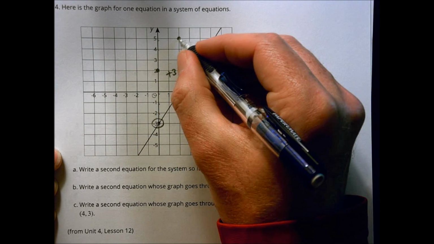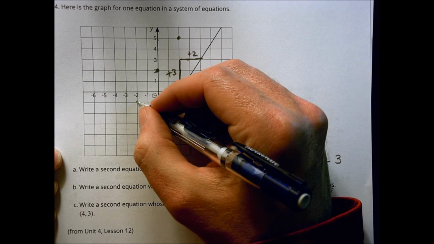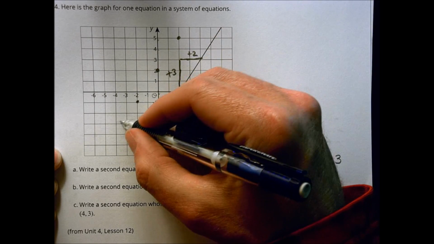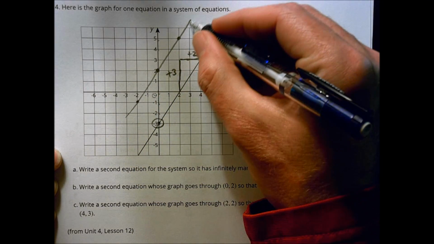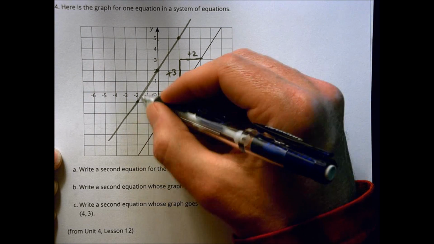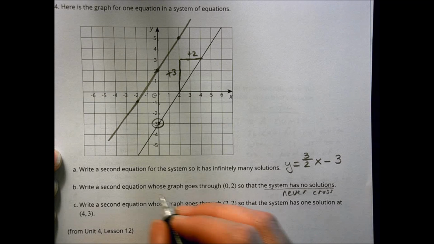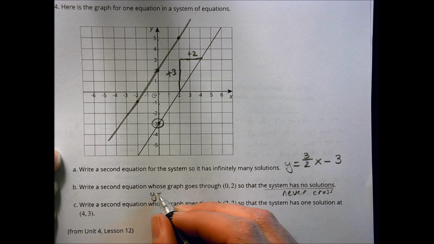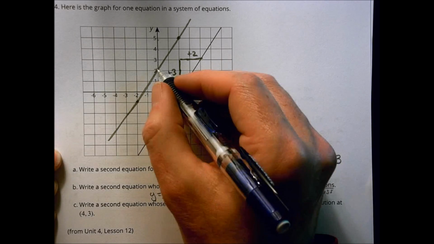I can go down 3 and over 2. If I graph that out, it looks something like this, right? So what we're saying is this would go on forever and ever, and because of parallel lines, it would never cross. So what is that equation going to look like? Well, it's y equals the same slope, 3 over 2x, and I look at my y-intercept, which is plus 2.